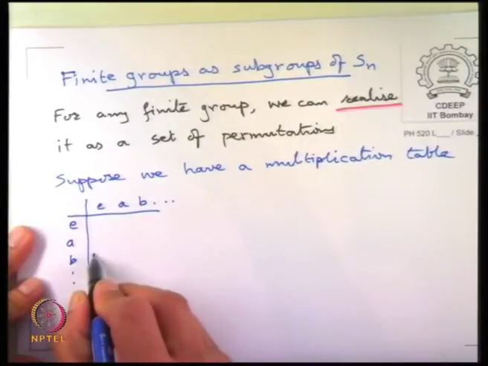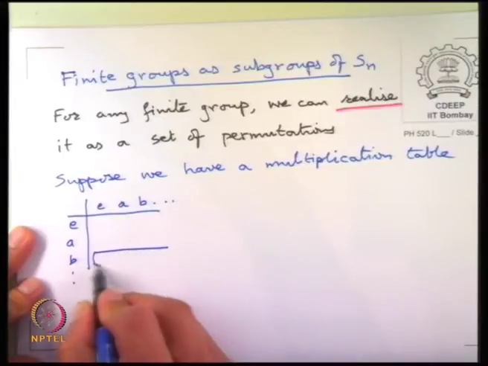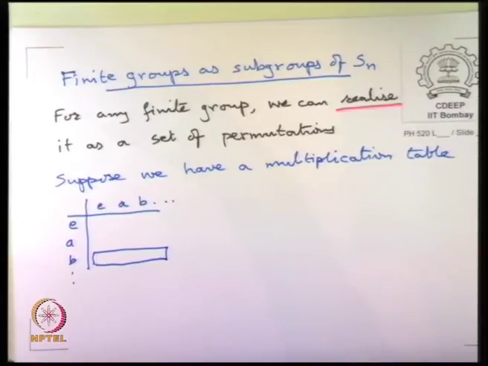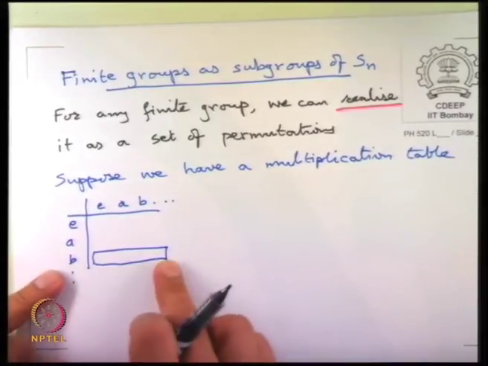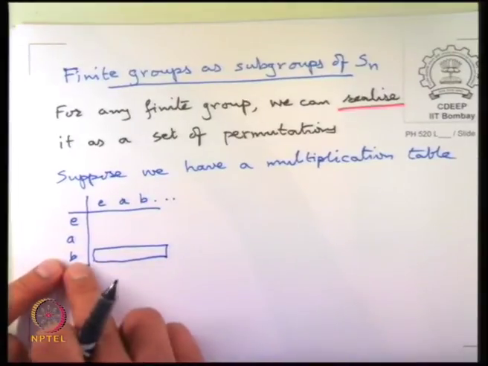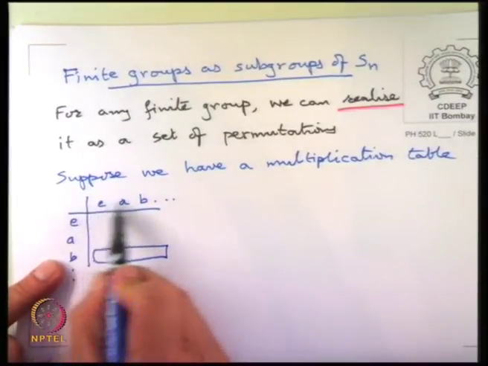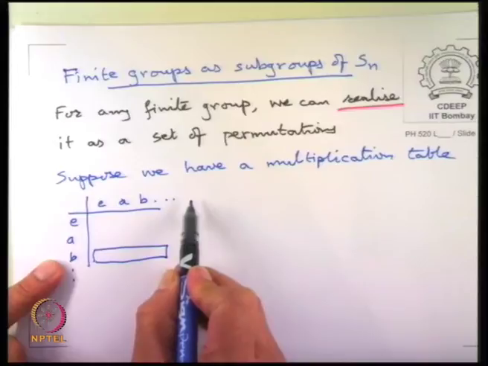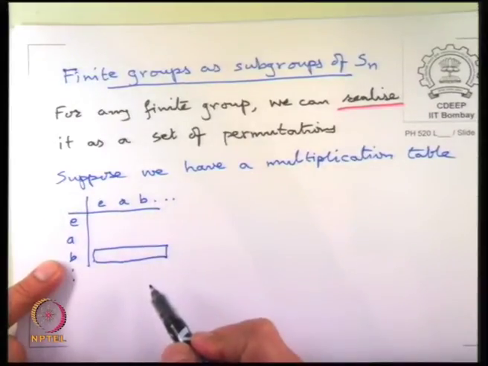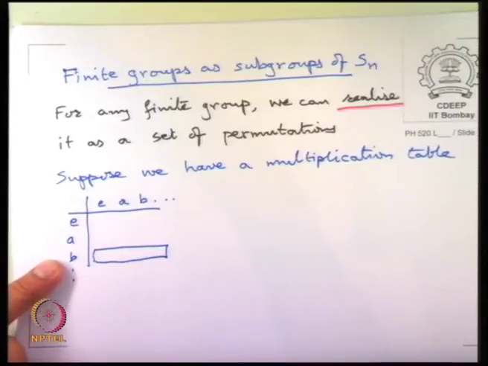Suppose we take one particular row in this. Now, what does this row represent? It is equivalent to this element B acting on this top initial row of elements. That is what this row is producing. So we can write a permutation pi corresponding to B like this.